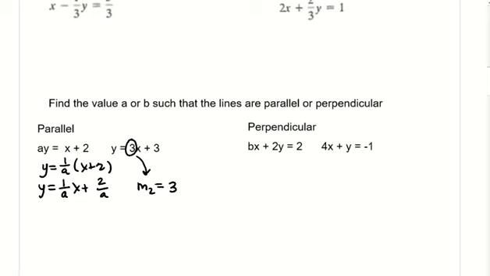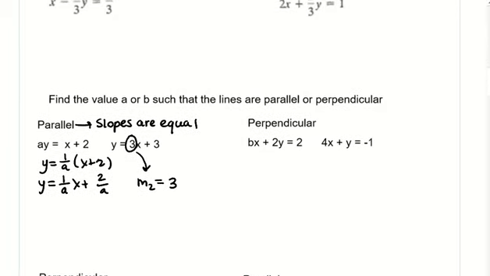Now, if they're parallel, I need the slopes to be equal. So here, this 1 over a needs to be equal to 3.